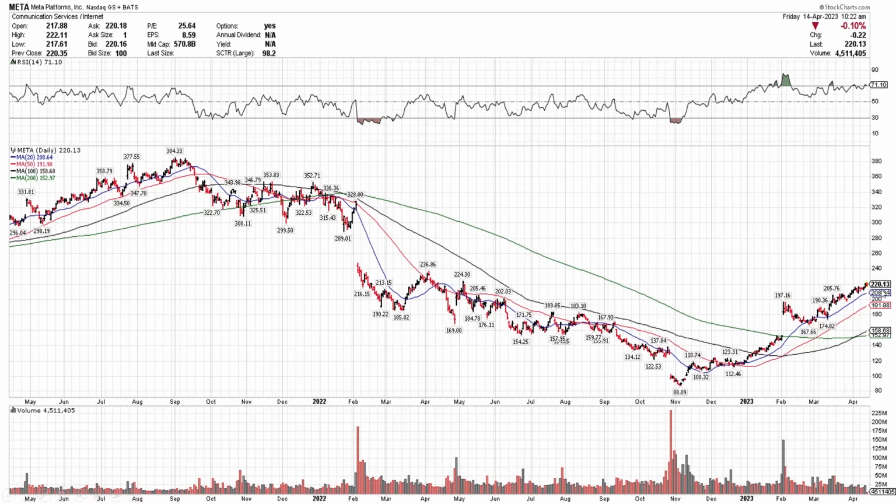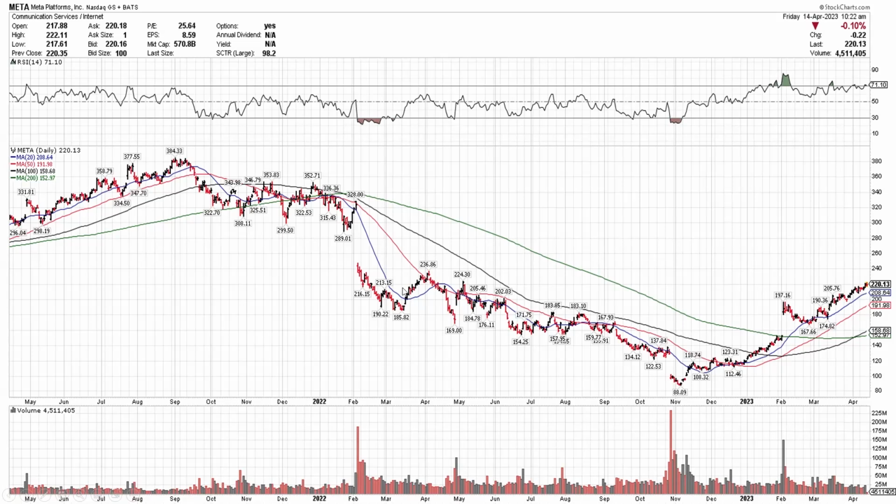If we take a look at the chart, this is building a very, very big base. From early 2022, it declined, put in a rounding bottom base, and now it's been trending higher.